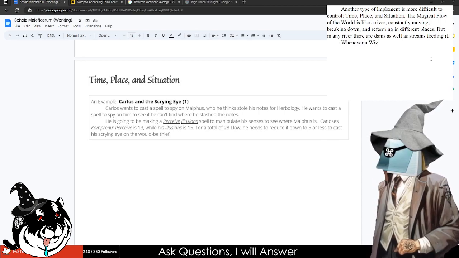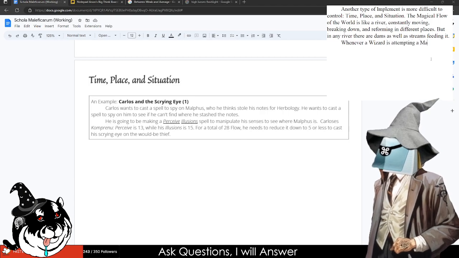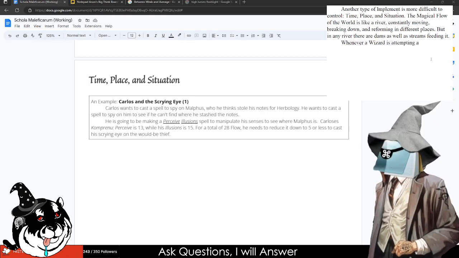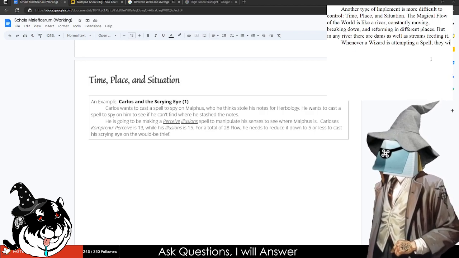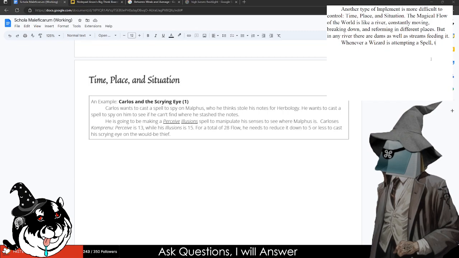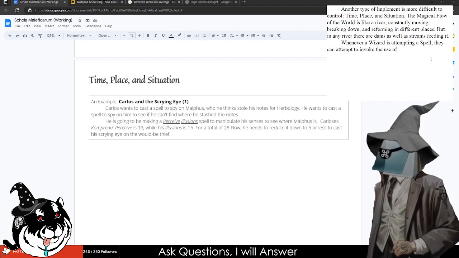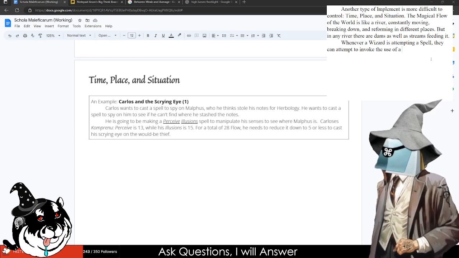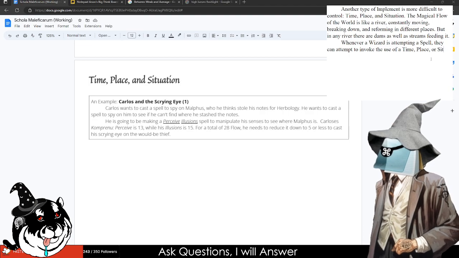Whenever a wizard is attempting a magical spell, they can attempt to invoke the use of time, place, or situation. Time is fairly evident.